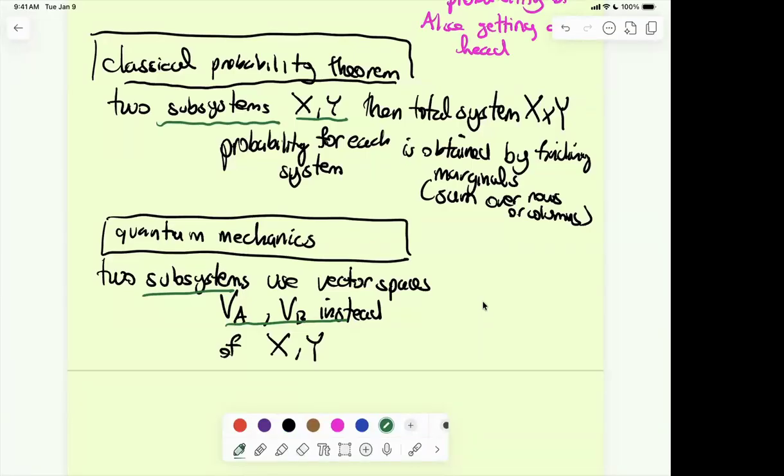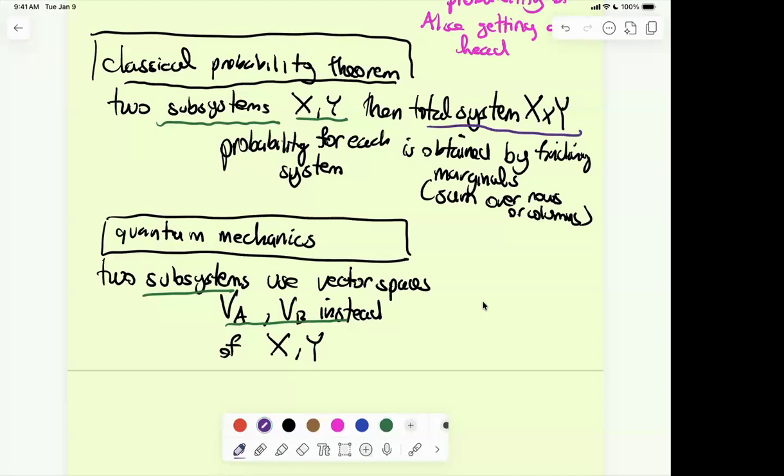And the total system, instead of being described by a Cartesian product, is described by a tensor product. You are supposed to take the tensor product of those vector spaces. So what replaces the Cartesian product is the tensor product.